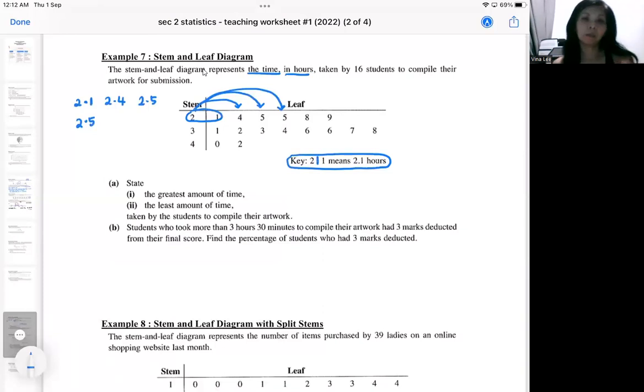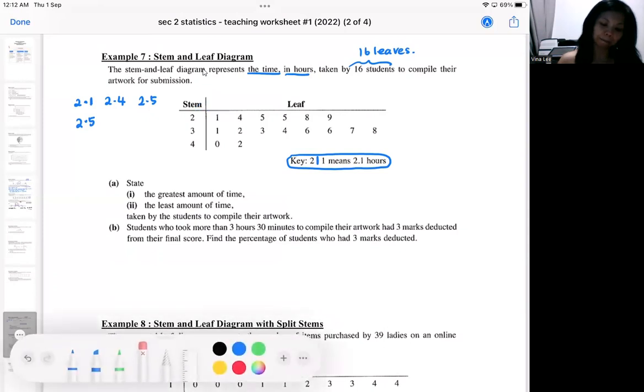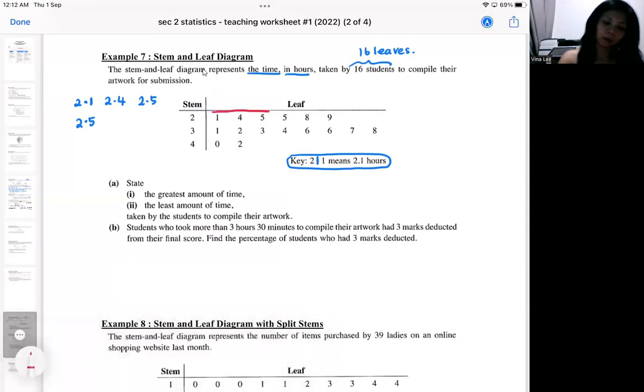In actual fact, the 16 students are the 16 leaves, which means you cannot count the stem. If you count here, there should be 16 leaves.